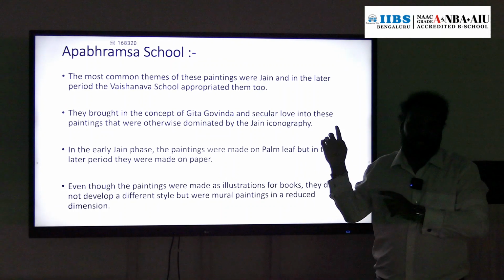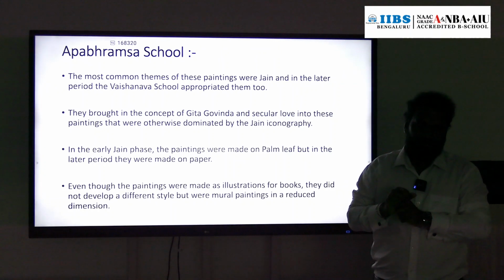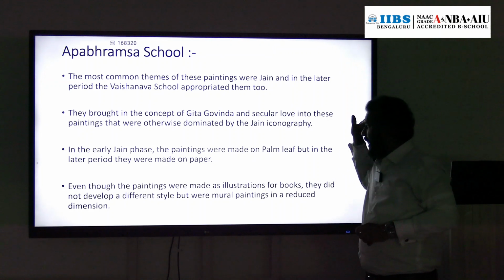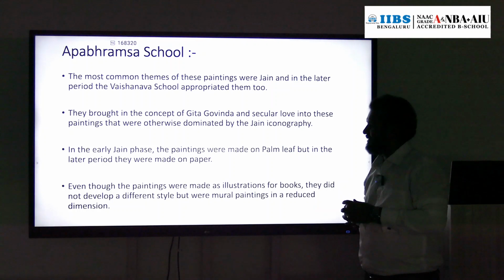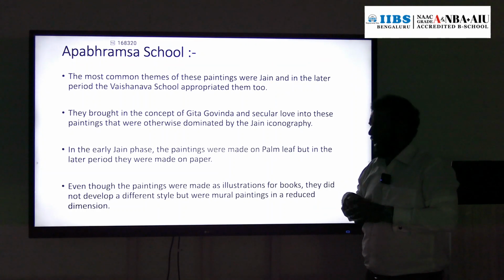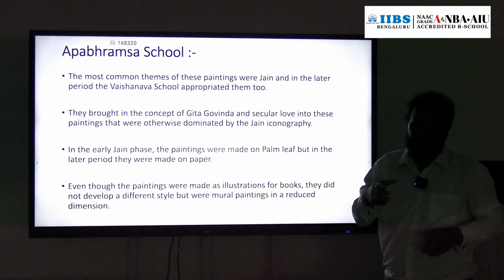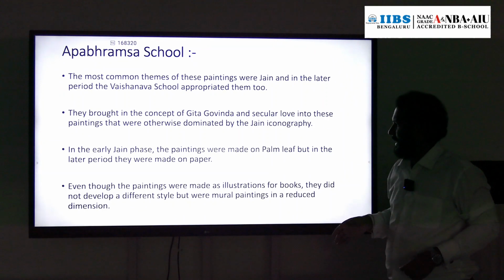In that book it is mentioned about the Dashavatar of Vishnu. So that theme was brought into this school by the Rajputs. Apart from that, a secular love theme is also there in the paintings. Generally these paintings were dominated by Jain iconography. Jain Tirthankaras and Jain assemblies were present in these paintings.